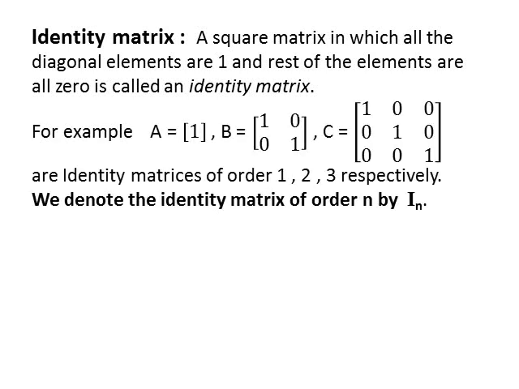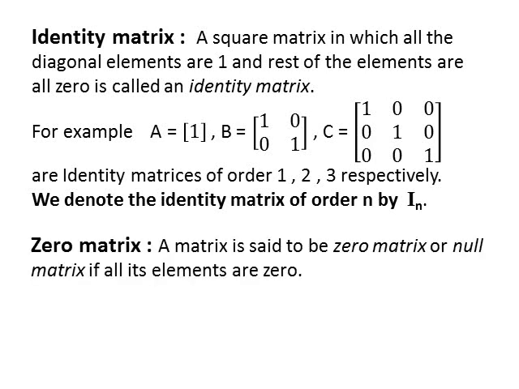These are examples of identity matrices of order 1, 2 and 3 respectively. We denote the identity matrix of order n by In. So, in these examples, matrix A equals I1, B equals I2 and C equals I3.